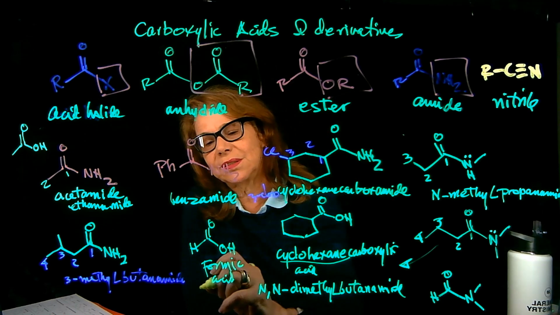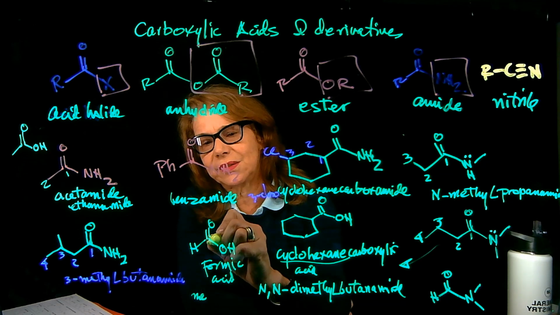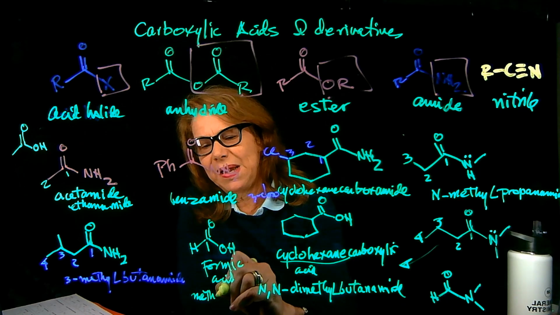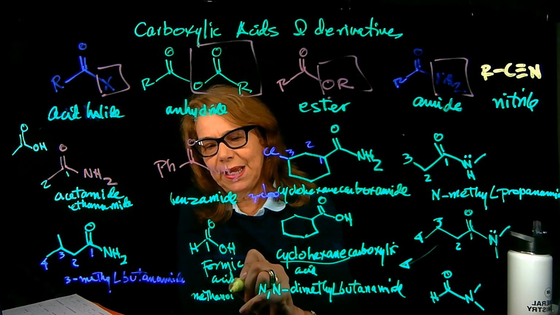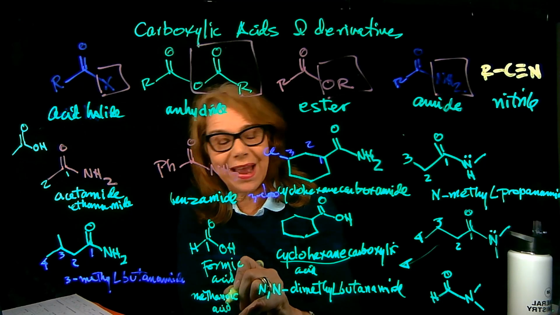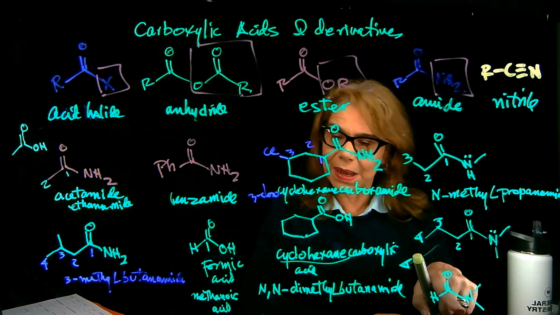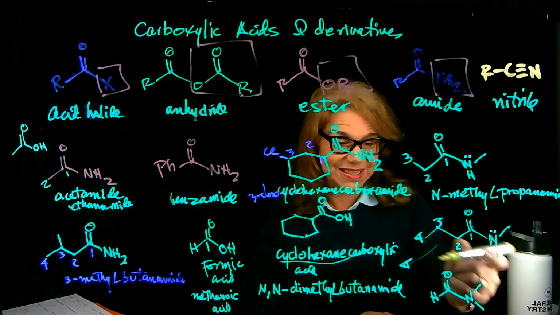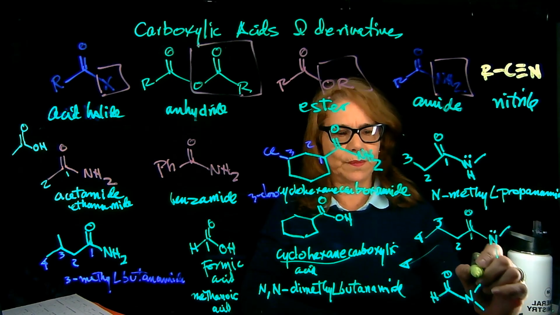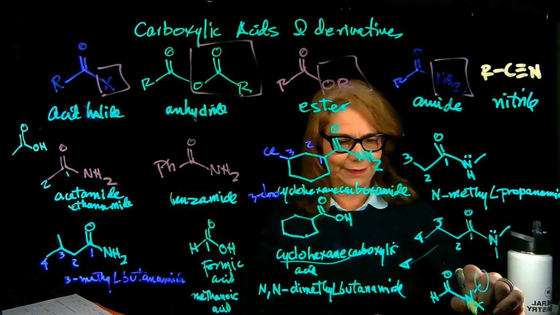But this is also methanoic acid, right? It's only one carbon. Methanoic acid. And what we have here is the amide from formic acid. So this is formamide. But now I have methyl and methyl.